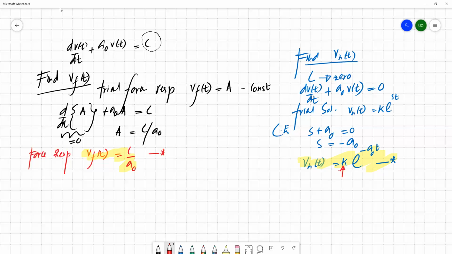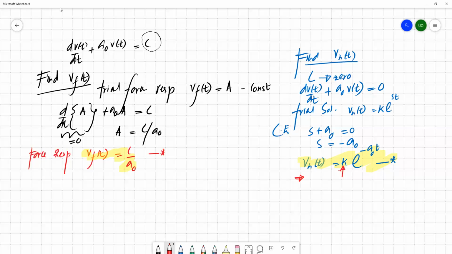Now previously, if we had only the natural response, we immediately substituted the initial condition to find this unknown value k. But if both natural and forced responses are there in the circuit, you cannot apply the initial condition at this stage, because the ultimate response is the sum of these two.